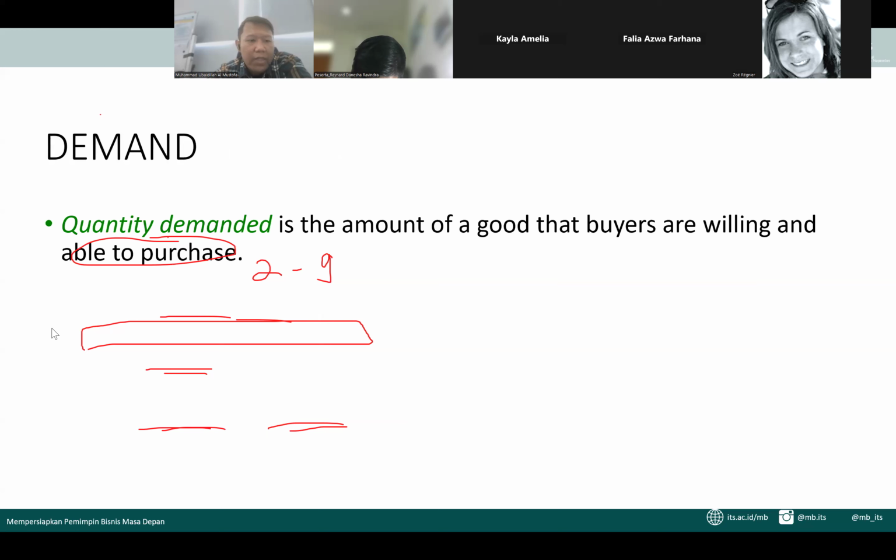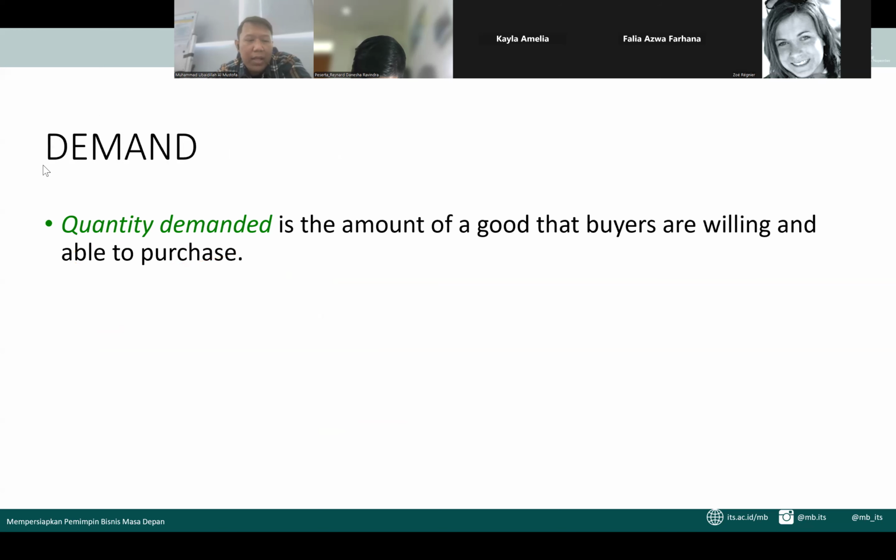All right. Now we speak about demand. Demand is the buyer's behavior. When we speak about demand, we are talking about the behavior of the buyer. First, there is the quantity demanded, the Q. What is the Q?